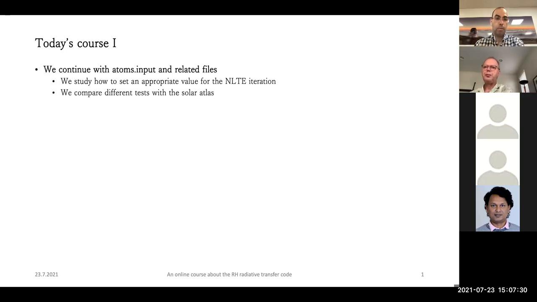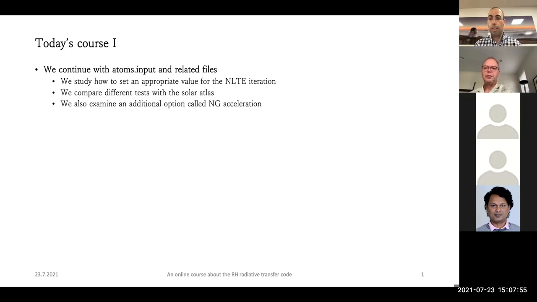We will also compare the results of the calcium 8542 computation for those specific tests where we play with the NLTE iterations to check that they have an impact on the final profile. And I hope I will help you to really define a value that will work most of the time.